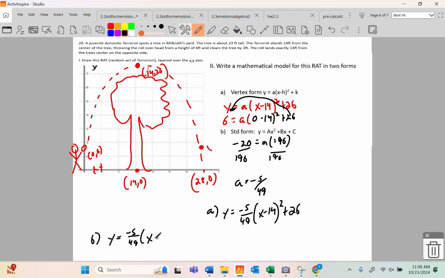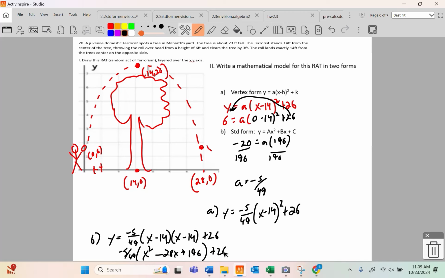Several of you ought to be able to do this properly in your head. Then you just double the negative 14, minus 28x. 14 times 14 is 196, and then you have x squared. But don't forget about the negative 5/49 part. That's what makes this one fun.